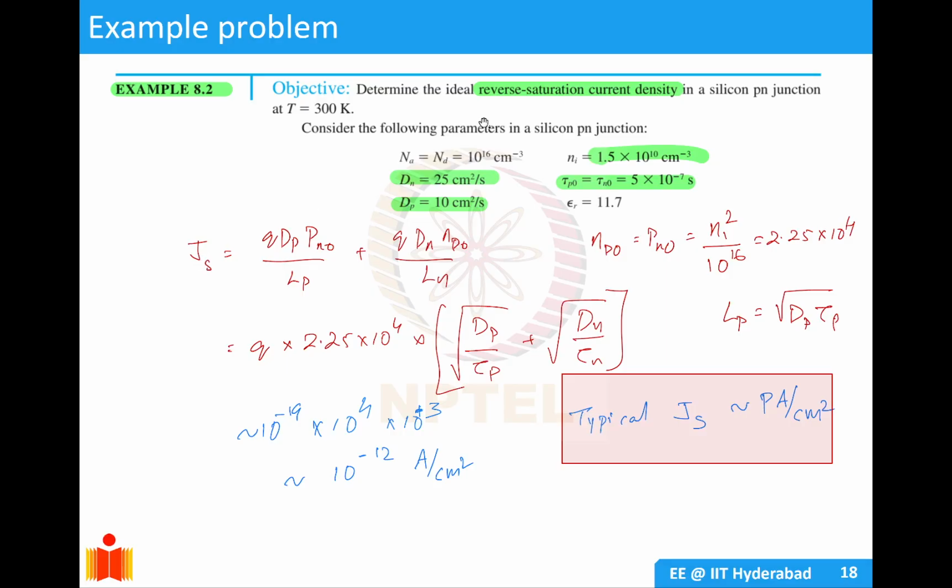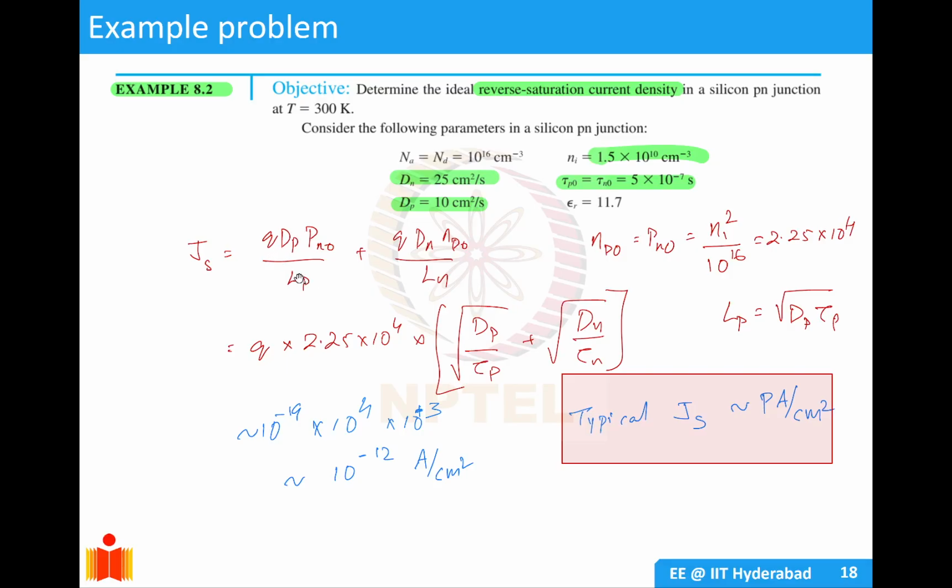So our ideal reverse saturation current density is given as Js equals q Dp by Lp pn naught plus q Dn by Ln np naught. So you put the values for Lp equals under root Dp tau p, and Ln equals under root Dn tau n.